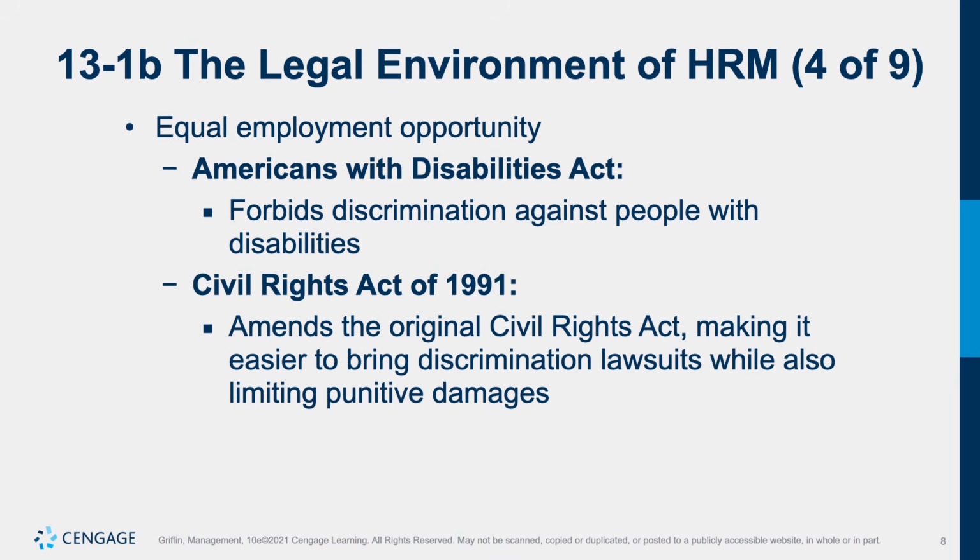We'll also be looking at the Civil Rights Act of 1991. This amends the original Civil Rights Act that existed before 1991, making it easier to bring discrimination lawsuits while limiting punitive damages.